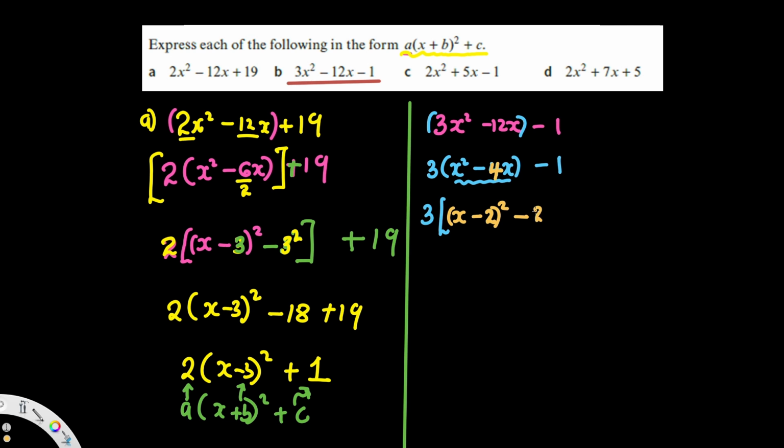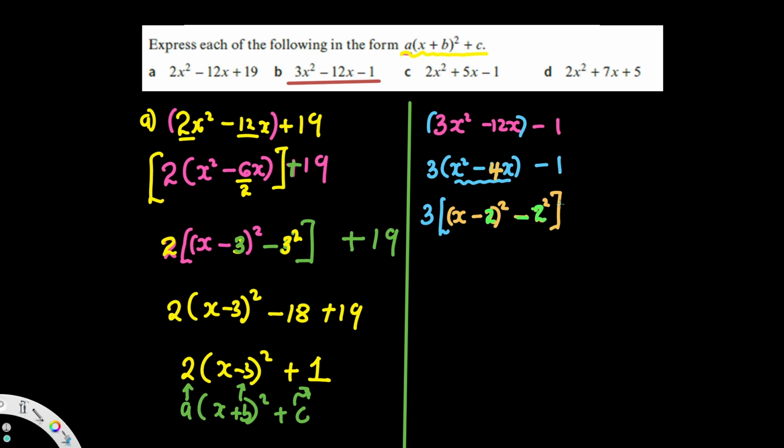Always you subtract, even if this sign inside here is a plus or a minus. And this 2 that we are squaring is coming from what's in the bracket here. So this is the 2 that was squared.